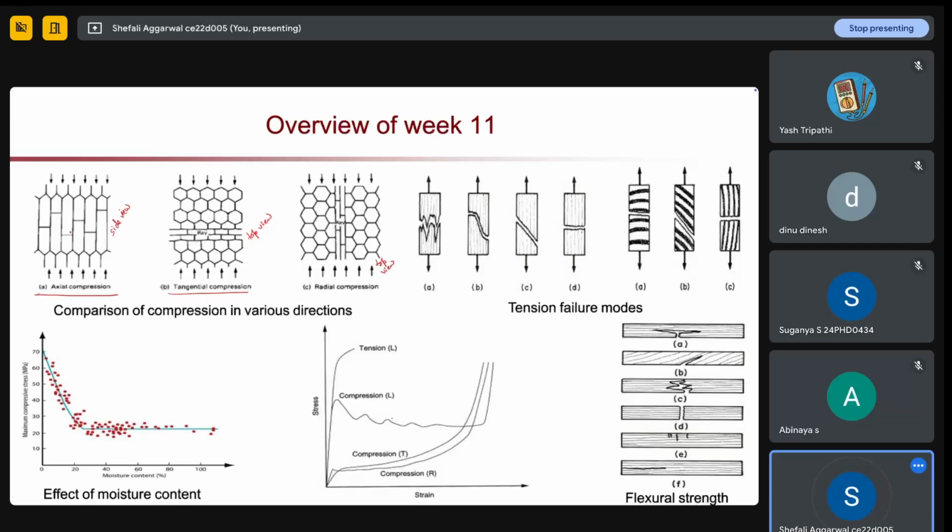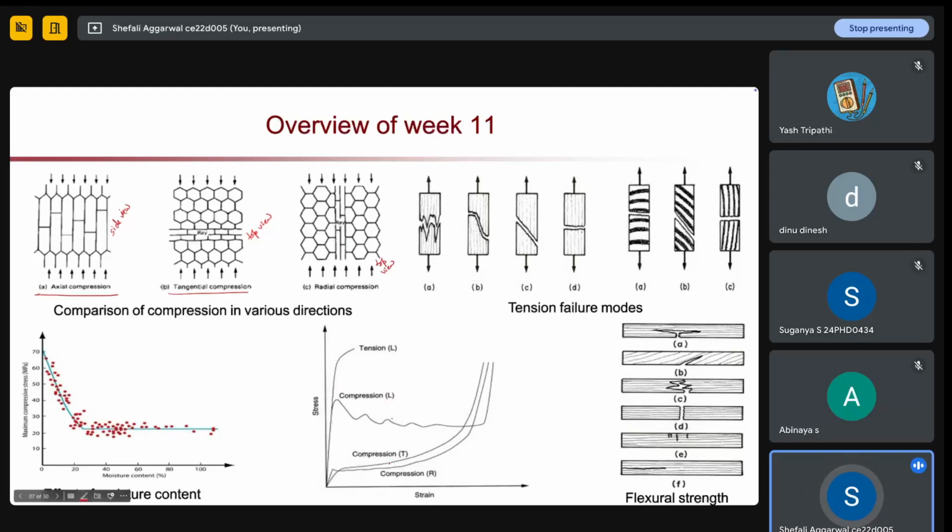In this case there is a chance of failure, but as compared to tangential compression, it will be low. So maximum failure will be in the tangential direction, then axial, and lastly radial. I told it opposite.